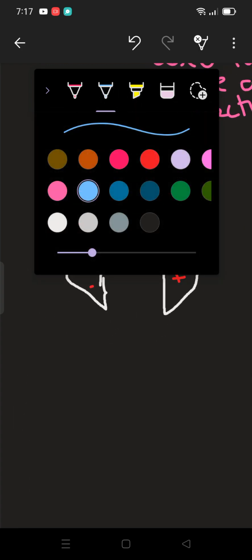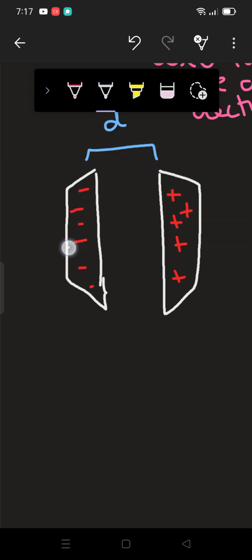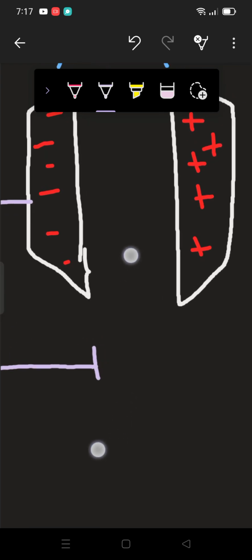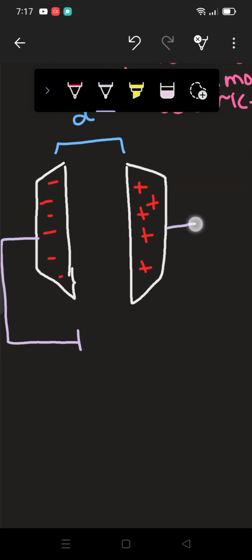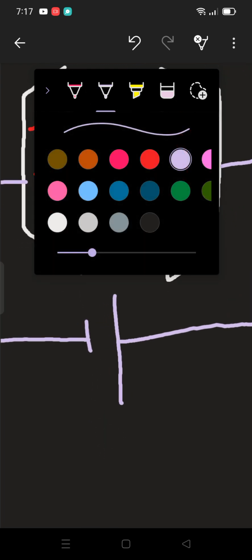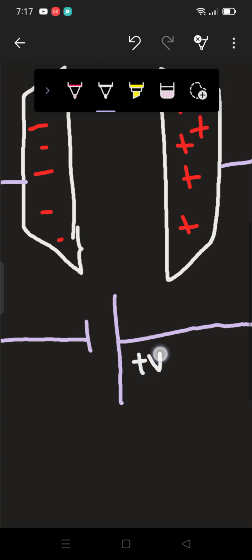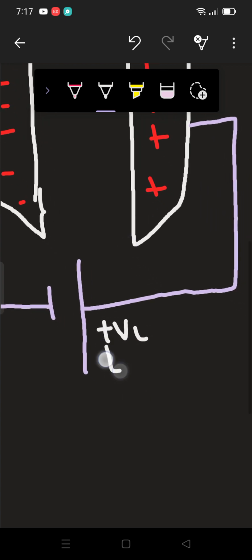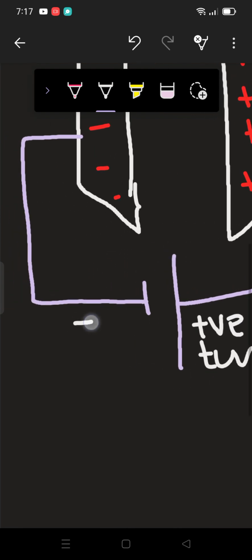The negative plate of the capacitor is connected with the negative terminal of the battery, and the positive plate of the capacitor is connected with the positive terminal of the battery.